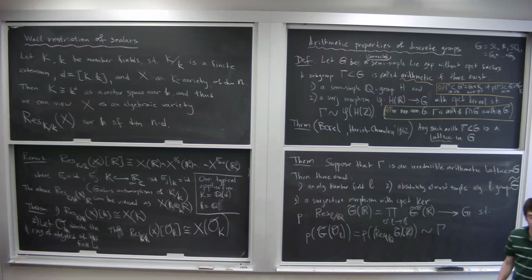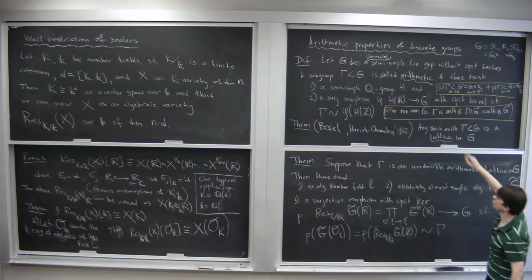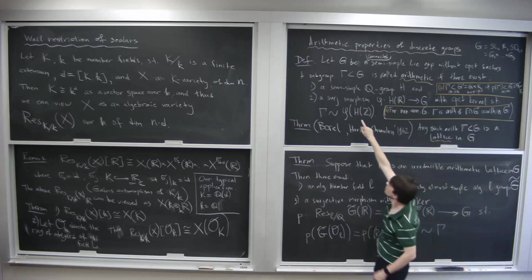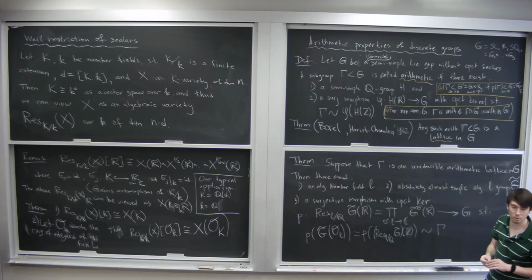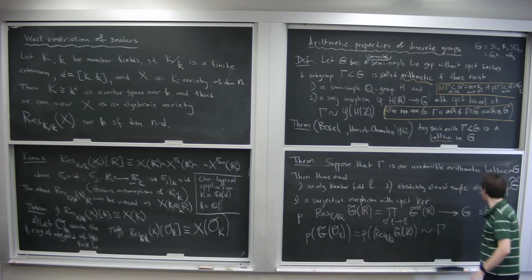Right? So generally, in this definition, I didn't assume that H, the group H, is simple. You see over here, it's semi-simple. So generally, H itself can be something not really good. Absolutely almost simple.